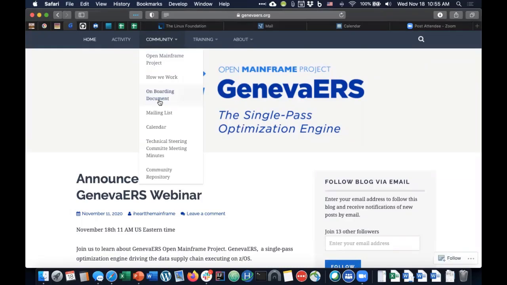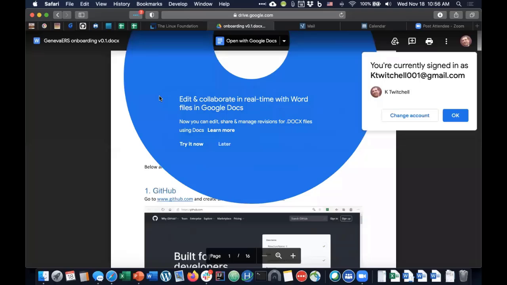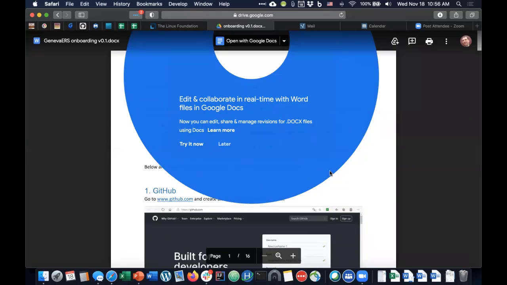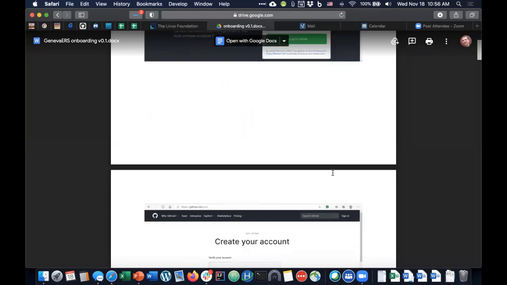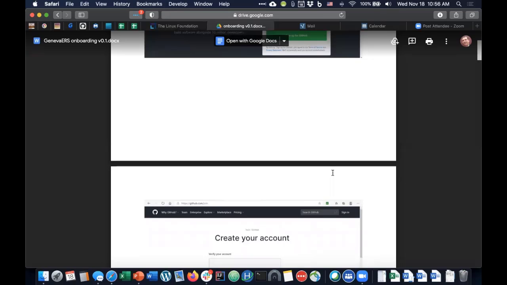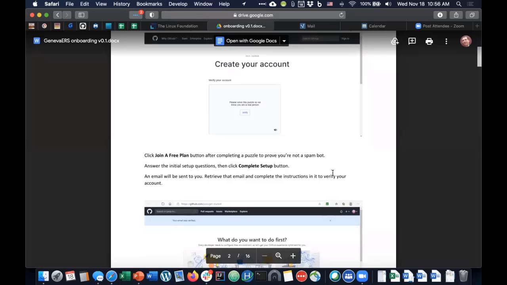Well, like you said, it's a fun way to get back into programming. We all have a lot of stress in our jobs, but this is a fun way to do something. One of our contributors has helped put together an onboarding document that anybody can follow. There are screenshots of how to start contributing to the project.